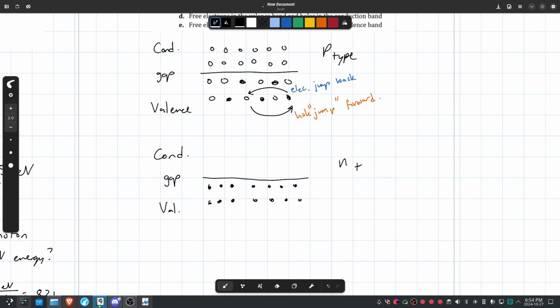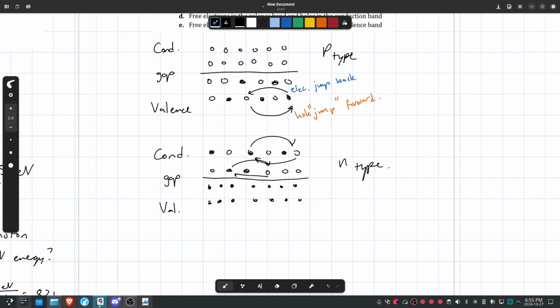This is n-type. But in the conduction band, we're going to have, again, a decent mix of electrons and holes. Those electrons are going to jump forward. The holes are going to jump back. Same as above.